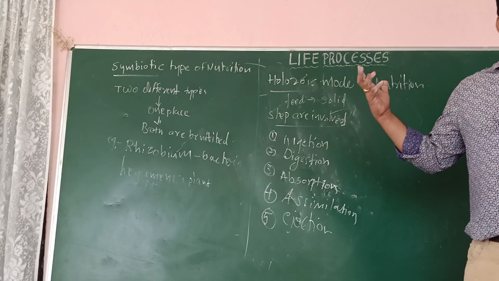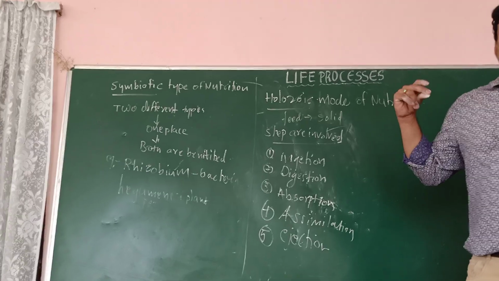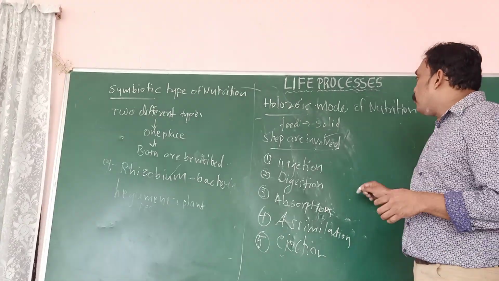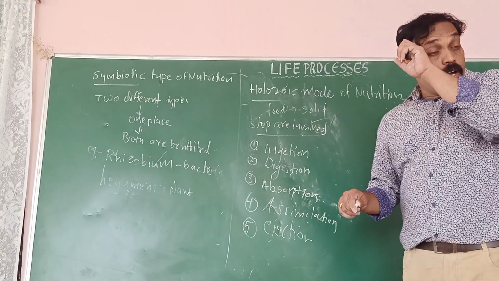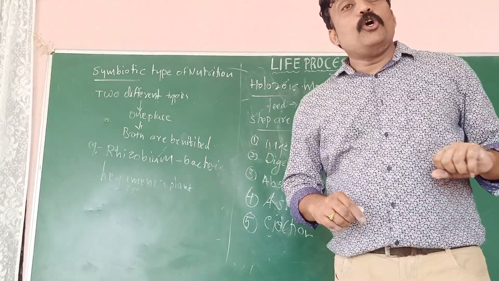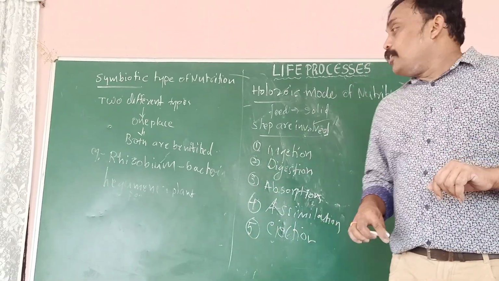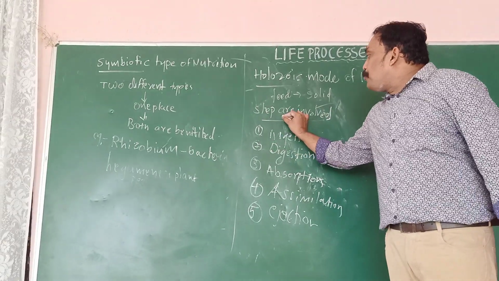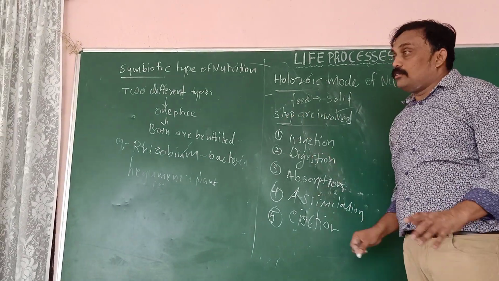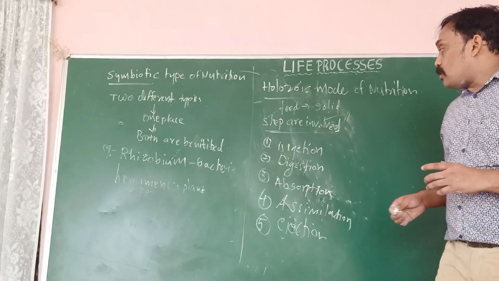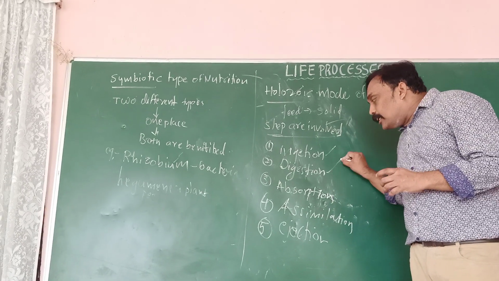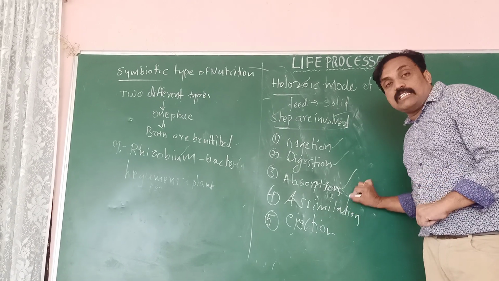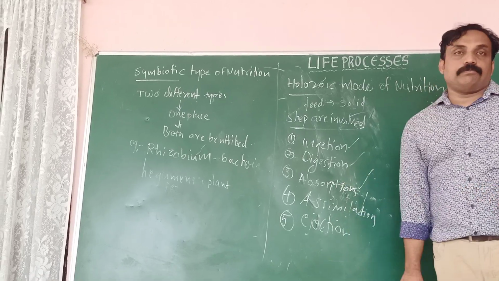Human beings are examples of holozoic nutrition. Not only human beings, we know very well that amoeba is also an example of holozoic nutrition. If you use the term holozoic, a few steps are involved. Those steps are ingestion, digestion, absorption, assimilation, and ejection.